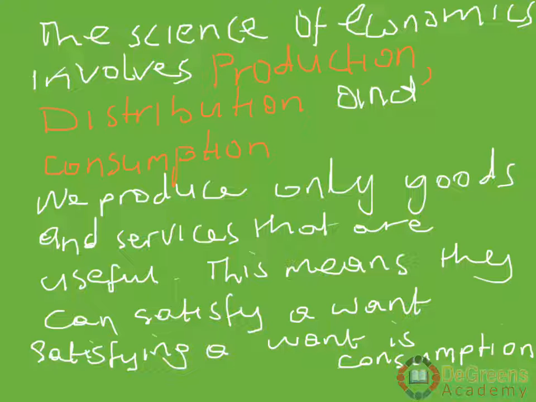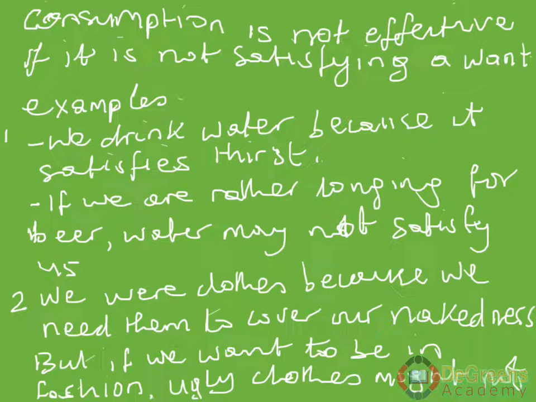We produce only goods and services that are useful. This means they can satisfy a want. And consumption simply means you are satisfying a want, because you will not consume something that you don't like, or which is not giving you any form of satisfaction. You simply reject that thing. Consumption is not effective if it is not satisfying a want.